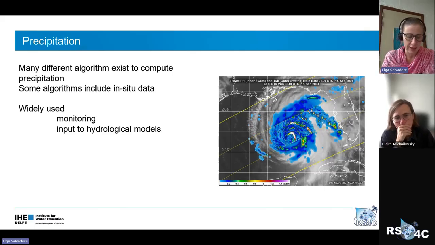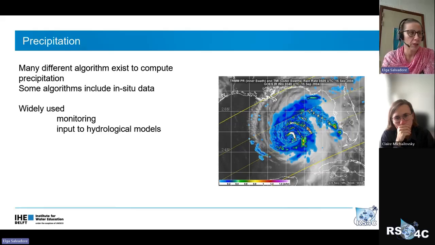Of course, they can only do this where there are in situ data. And because they are globally available, they might be very accurate in some regions, but a bit less in other regions. They are quite widely used, and we use them for monitoring purposes, but also as input for hydrological models, hydraulic models, so for flood forecast, flood modeling, and so on.